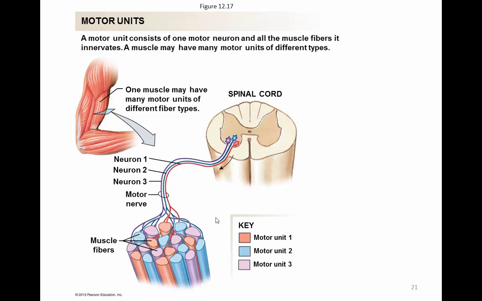And as the diagram shows, in our bodies, you can have cells that are adjacent to one another that are innervated by different motor neurons, making them parts of different motor units. This provides a level of control for the activation of muscles and the generation of force.